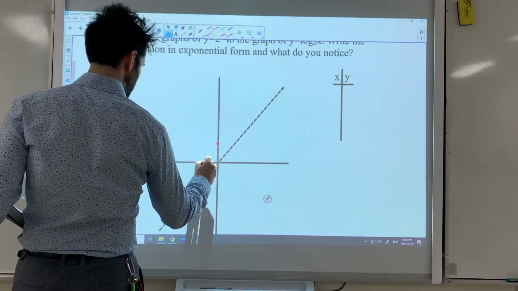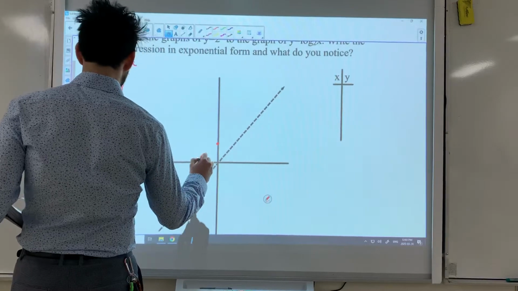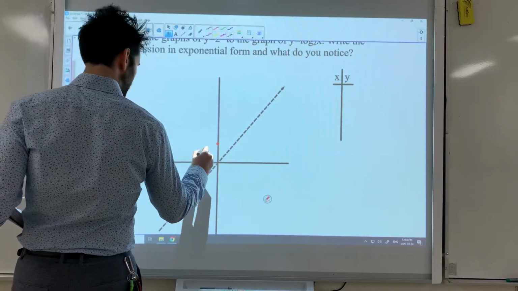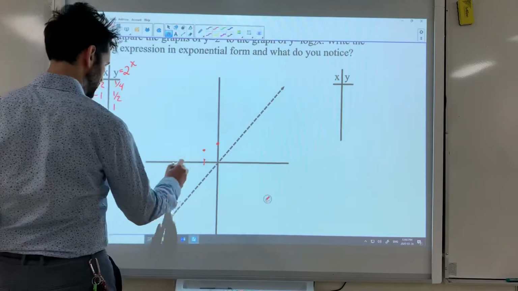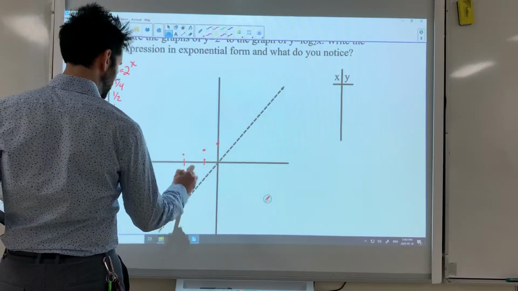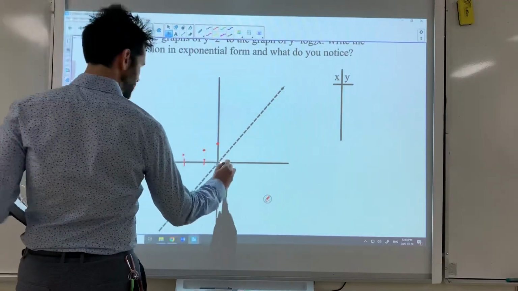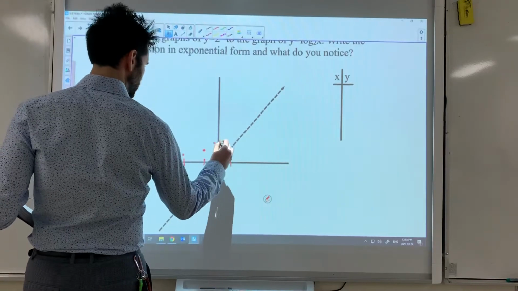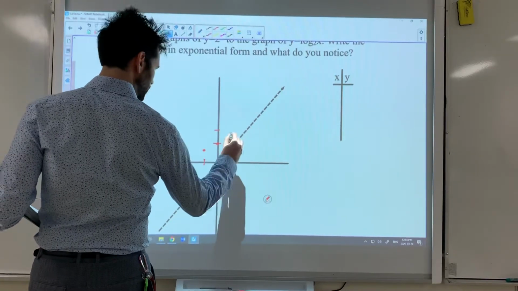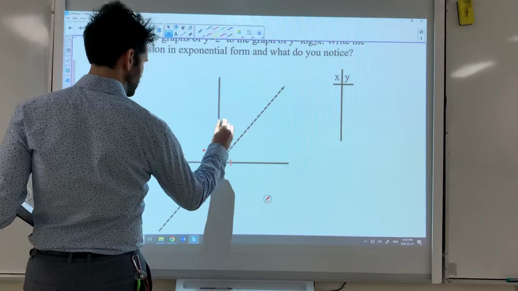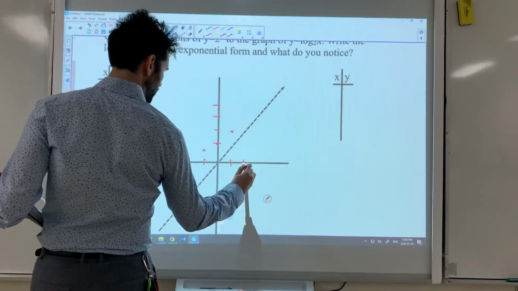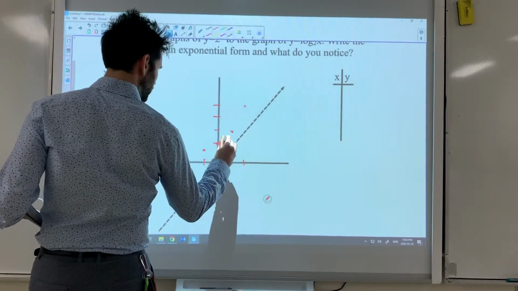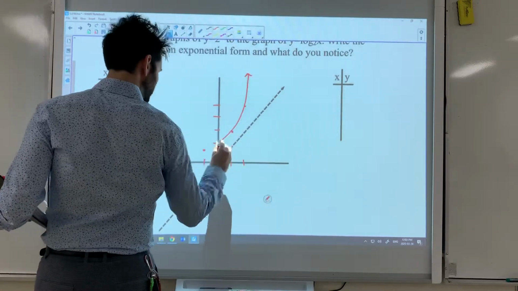When x is -1, we get a half. We'll sketch the other one there. And then when x is 1, we get 2. And when x is 2, we get 4. So there's our exponential graph.